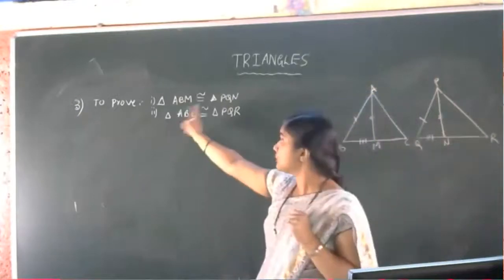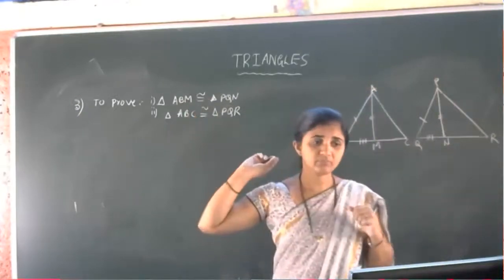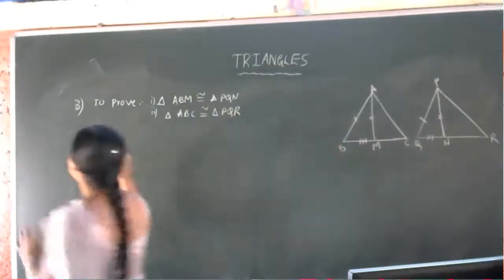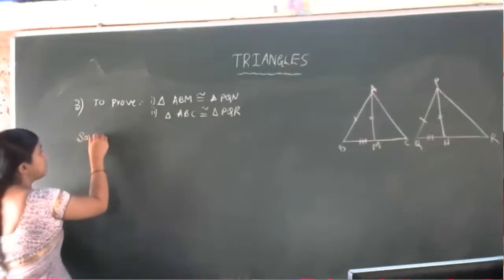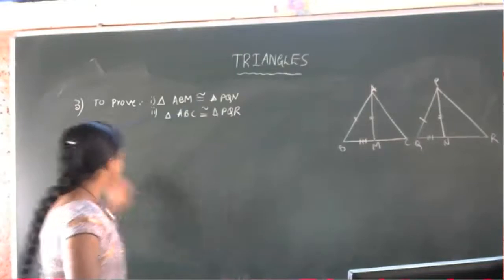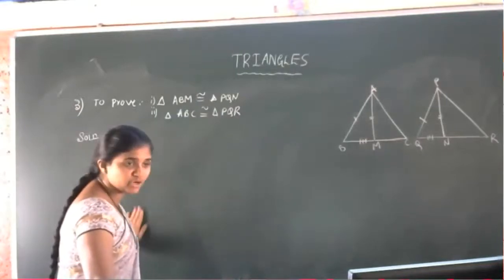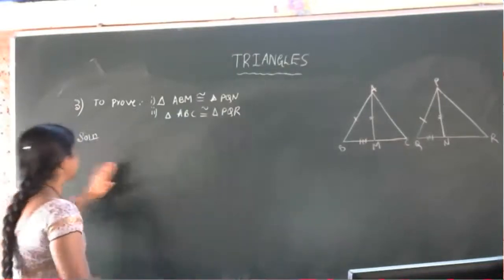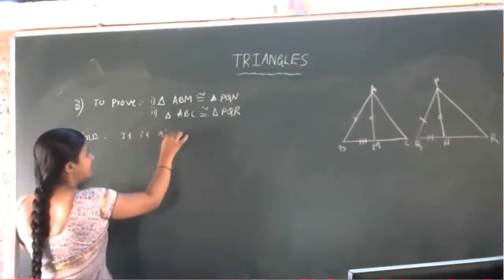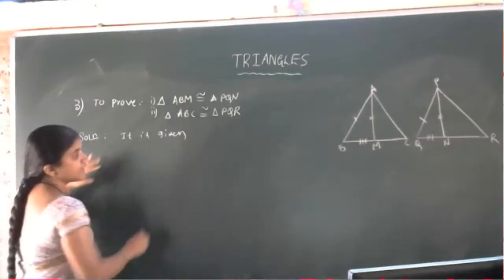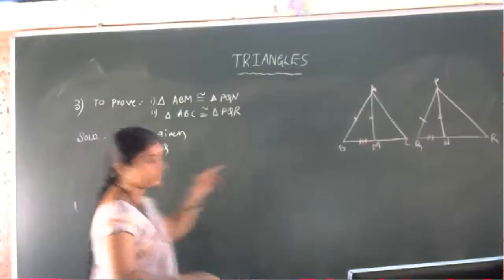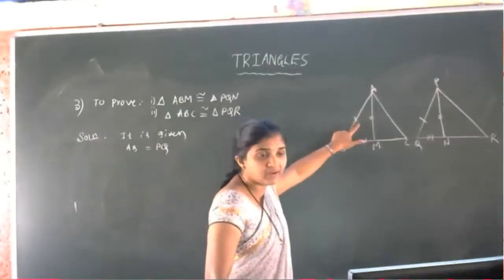Here, the proof part I have written on the board. So now let us begin the problem. Before starting the congruency of ABM and PQN, in the solution part I will list out the given data. It is given that AB side is equal to PQ side, which is clearly indicated in the figure also.